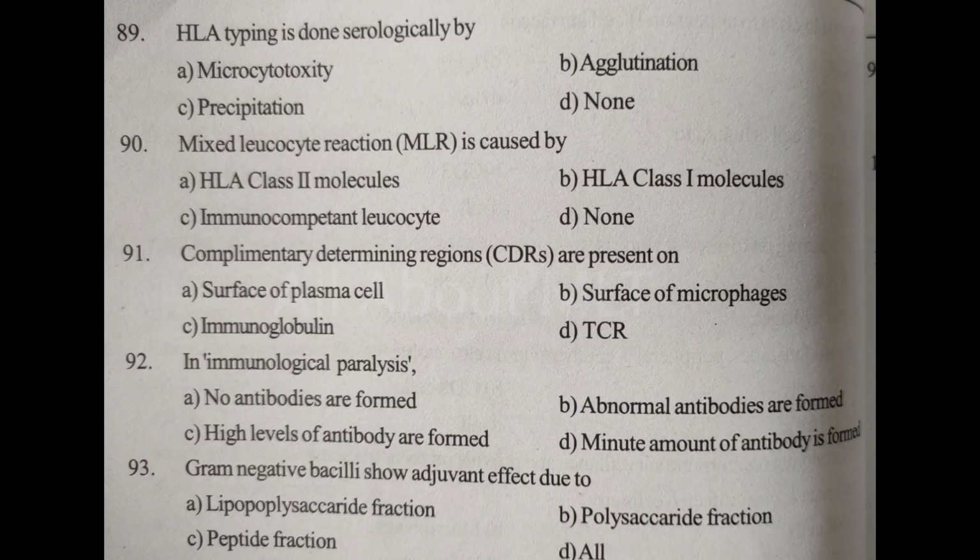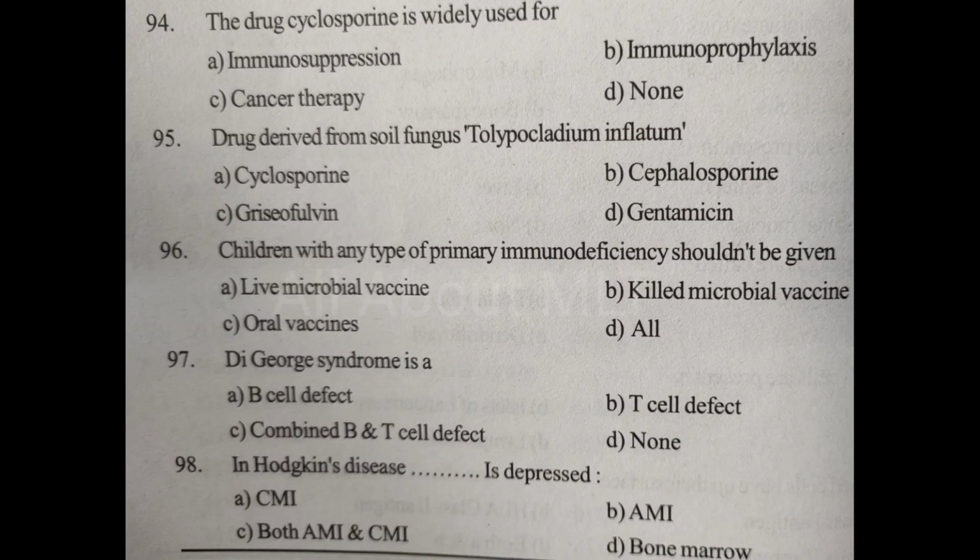Gram-negative bacilli show adjuvant effect due to: option A lipopolysaccharide fraction, option B polysaccharide fraction, option C peptide fraction, option D all. Answer is option A lipopolysaccharide fraction. The drug cyclosporine is widely used for: option A immunosuppression, option B immunoprophylaxis, option C cancer therapy, option D none.